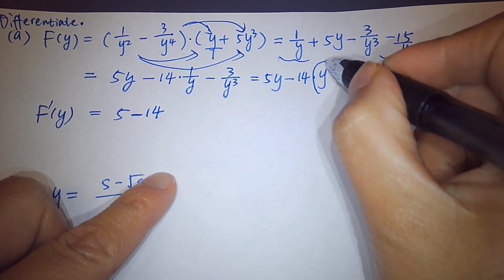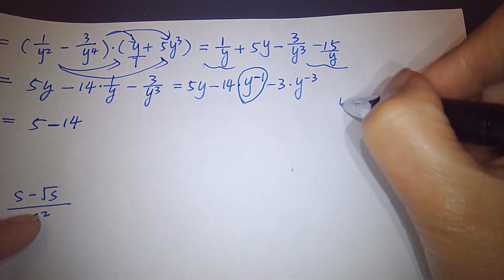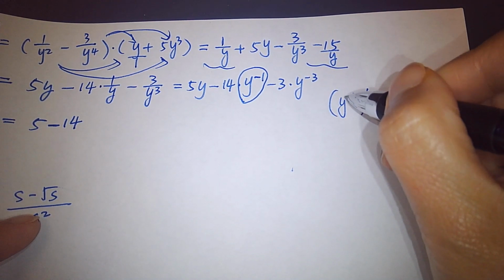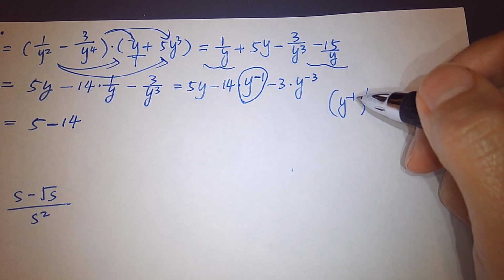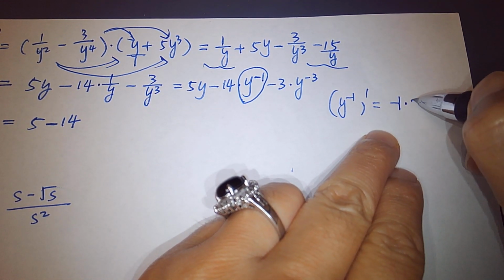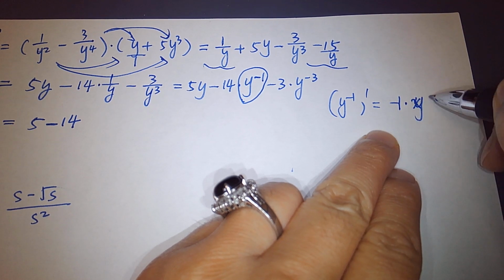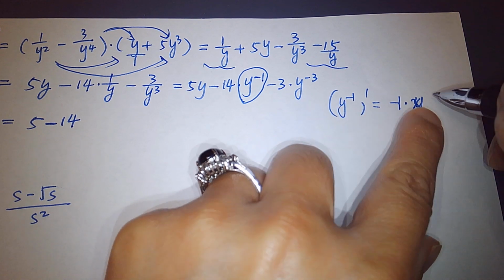What is the derivative of y to the negative 1 power? y to the n power, n is negative 1, right? Remember the power rule? n, which is negative 1, times y to the n minus 1. So negative 1 minus 1 gives us what?